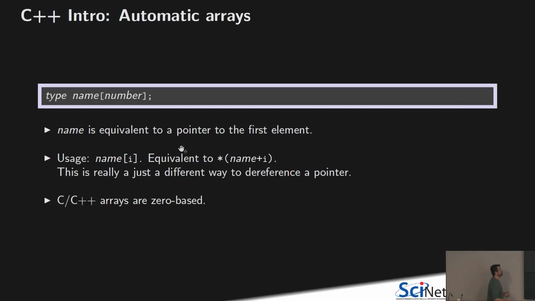Okay, so pointers are related to arrays, although that's not entirely obvious at first. An array is a type, but replicated several times. Suppose I wanted 10 integers.